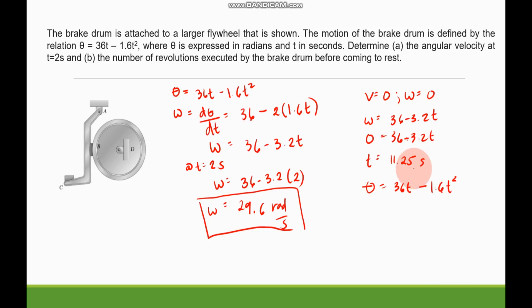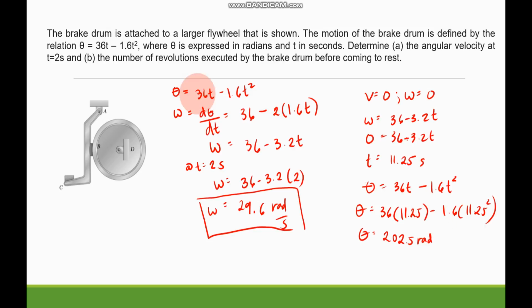So we just substitute our time of 11.25 seconds. It is equal to 36 of 11.25 minus 1.6 of 11.25 squared. So the angular coordinate is equal to 202.5 rad.